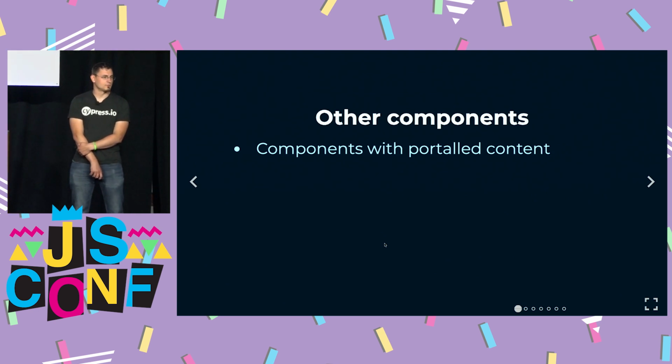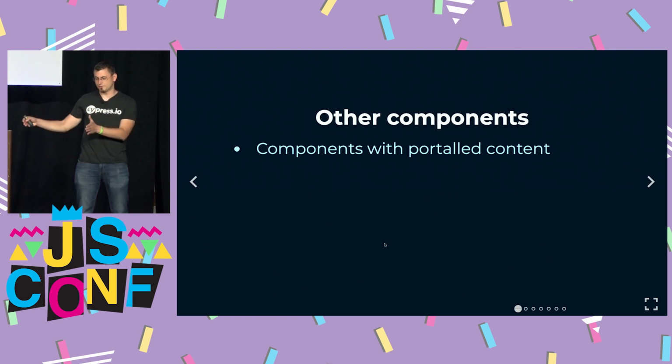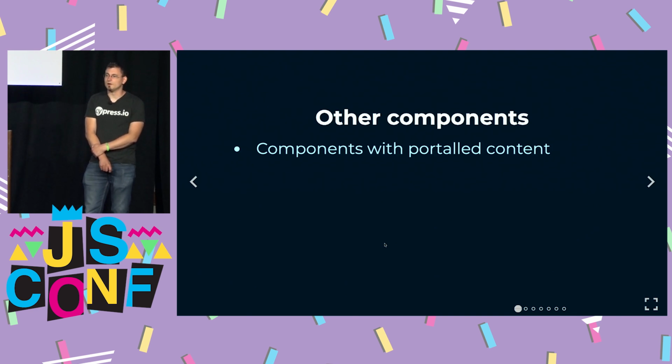Like a modal. If you can imagine, a modal is like a picture frame, and you want to take the picture and shove it into this frame. The modal component is the frame, and your content is whatever you want to put in that frame. So that's what I'd describe as portal content, something that moves somewhere else. Portal specifically is actually going to be something different in the DOM, so it's not going to be a direct child.